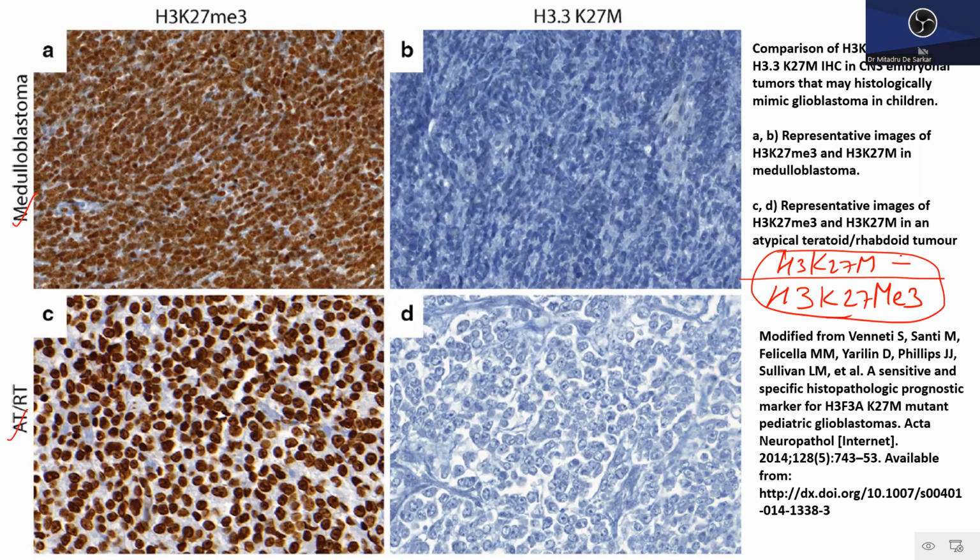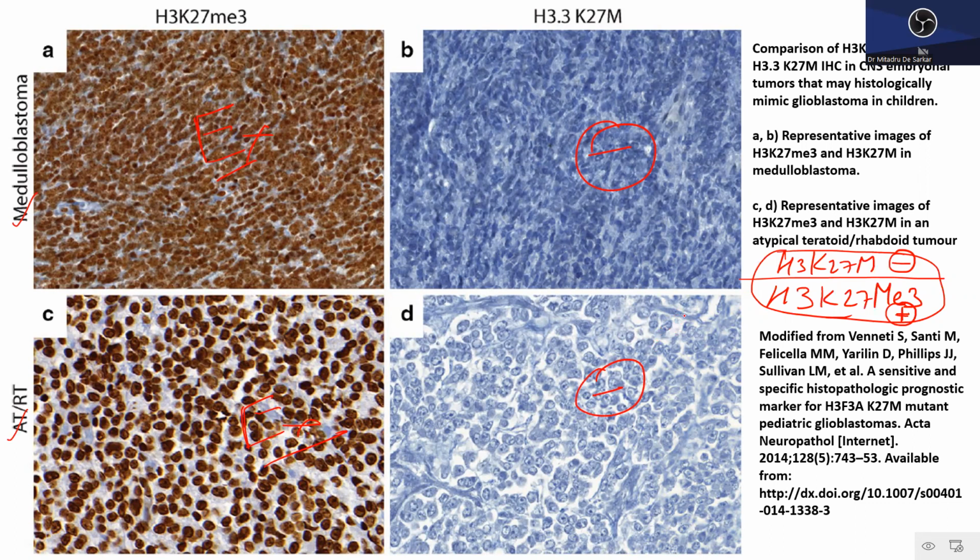So there will be no expression of this mutant histone, H3K27M, while there will be normal expression of trimethylated histone, as you see. So trimethylated histone is expressed in both the cases, while there is no expression of the H3K27M mutant histone in these morphologic mimics.